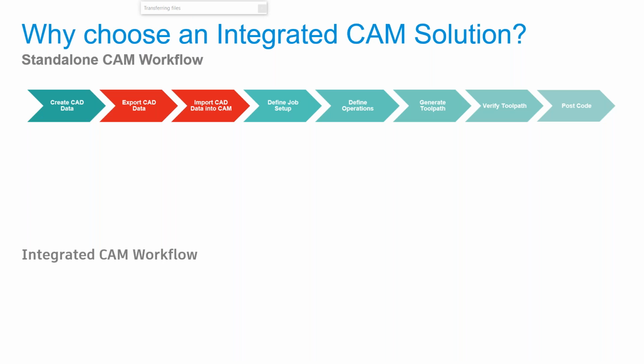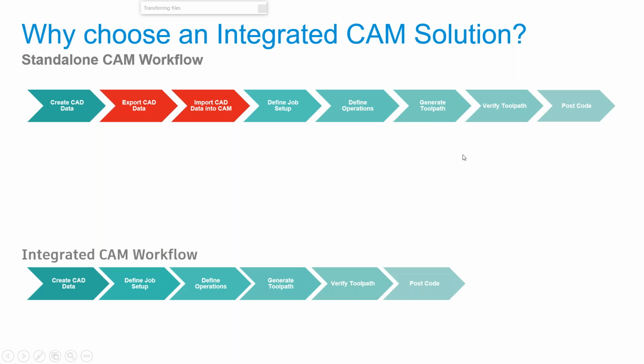The step of exporting and importing the CAD data still remains, every time a design has changed. This also means the subsequent steps of defining the job, the operation, the tool path, verifying it, and finally generating the post code are additional steps here.